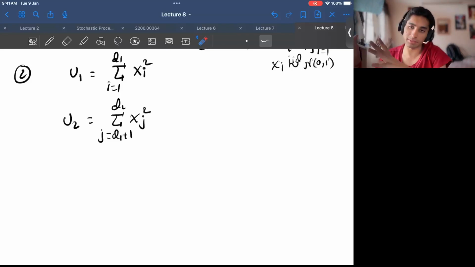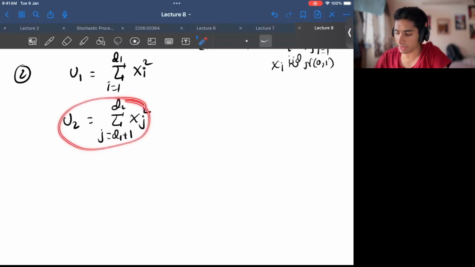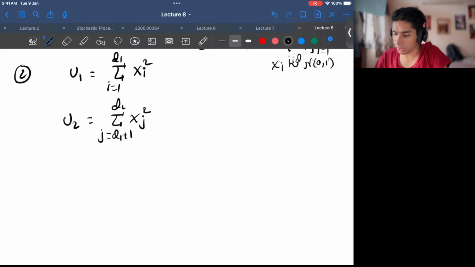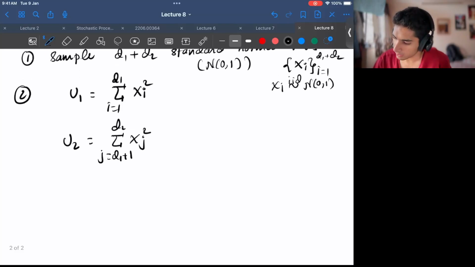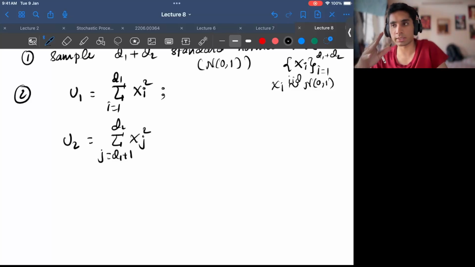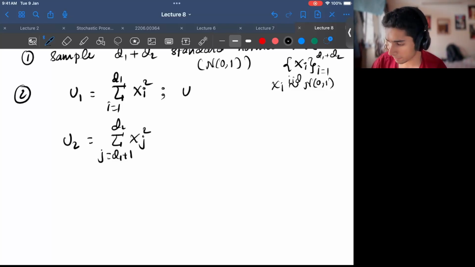So there were d1 plus d2 random variables. You took the first d1 of them, squared them, and added them. You obtained your u1. Now you take the remaining d2 random variables, again square them and add them. You get u2. Okay. Now if you remember from our last class, whenever you see squares of random variables being added, the first thing that should come to your mind is the chi-square distribution. u1 is distributed according to chi-square distribution, with parameter equal to the number of random variables that you are adding, d1.